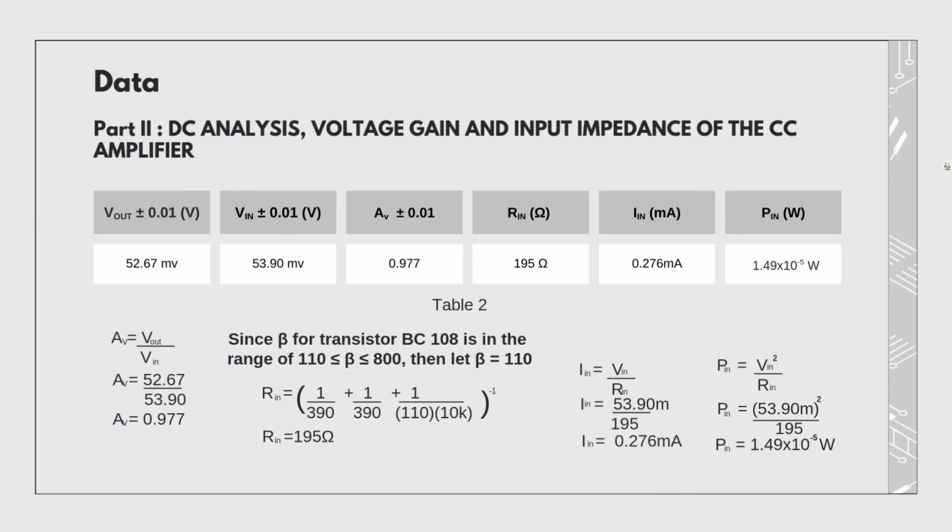Next is to find the Iin using the Vin divided by Rin, and we get the value of 0.276 milliampere. And lastly, for the Pin, using the formula Vin squared over Rin, we get the power in equal to 1.49 multiplied by 10 to the power of -5 watt.